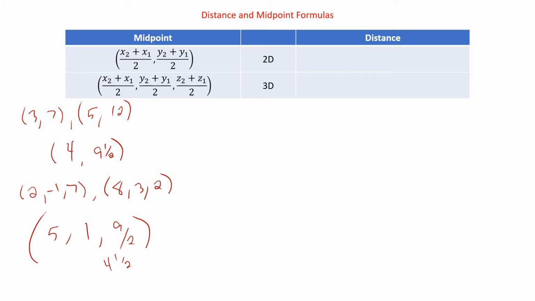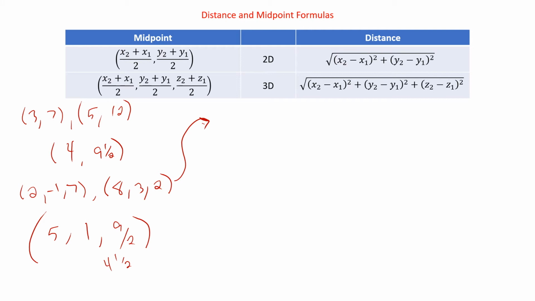So it's the exact same thing you do with 2 dimensions, except you have to do it with the z as well. Distance works out basically the same. The distance formula, x minus x squared plus y minus y squared, big square root. Same thing, except we also have the z's in there as well. So let's use the same points.